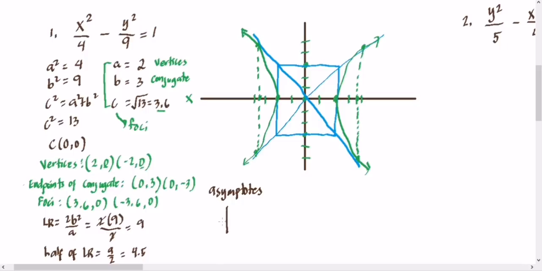Kapag ang hyperbola natin, itsura niya ganito, gaya nito nang nagawa natin, ang formula ng asymptote ay y equals plus minus b over a, nilagay mo ng x dito. Kapag naman ang itsura ng hyperbola nyo ay pataas at pababa, the formula for the asymptote would be this. y equals, baliktarin nyo lang, plus minus pa rin, a over b naman, then x. Okay? Yan yung formula kapag kinukuha yung asymptote.